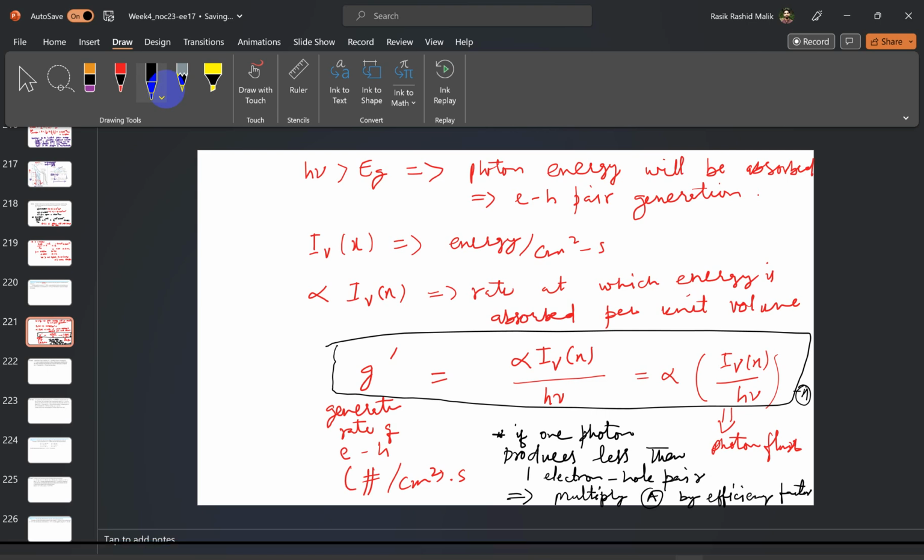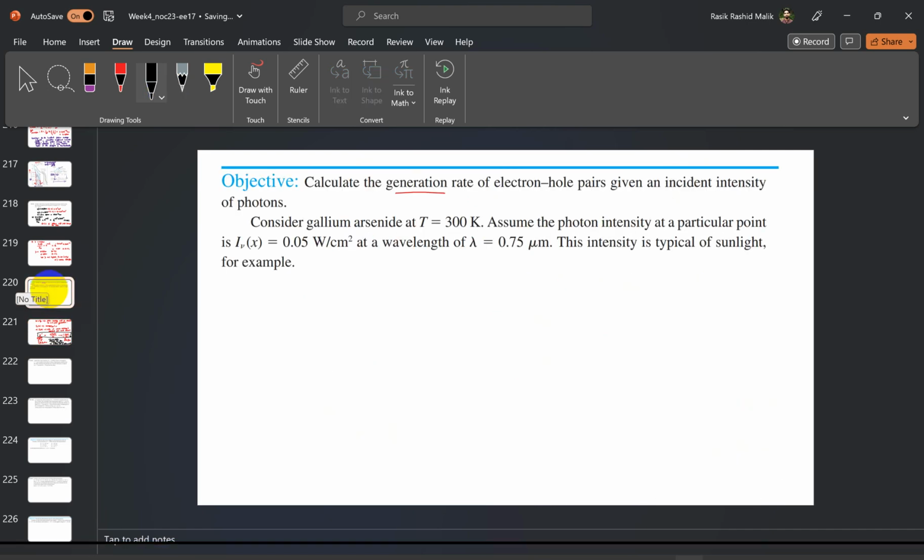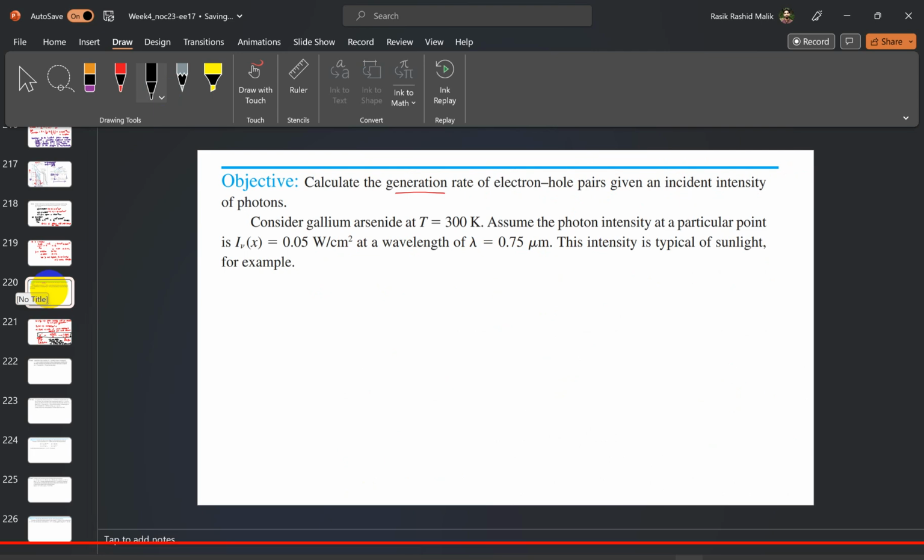Okay. So now let's come to the question, where we have to calculate this generation rate of electrons and holes at a given incident intensity of photons. And we know that for this generation, it depends on the absorption coefficient and the photon flux.